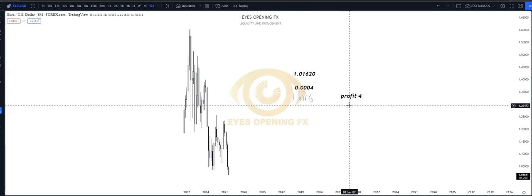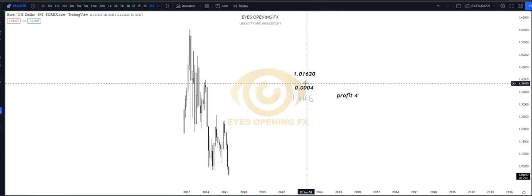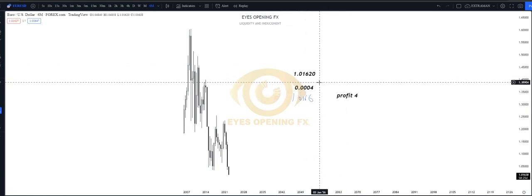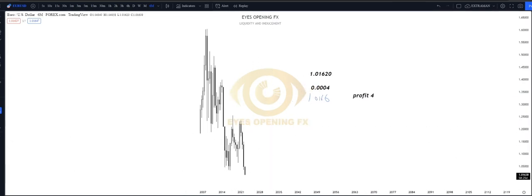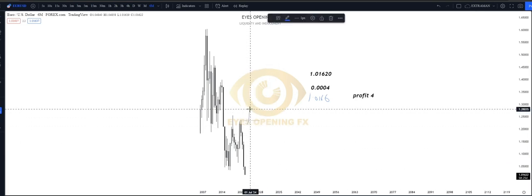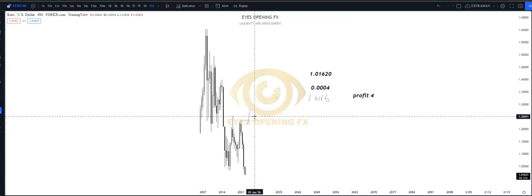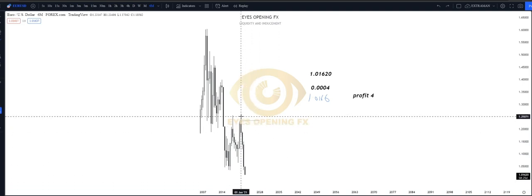The same thing applies to your stop loss. If your stop loss is 4 pips, instead of addition it becomes subtraction. Let's say you don't want the market to go higher than this level, so you set your stop loss at a particular level around this area.